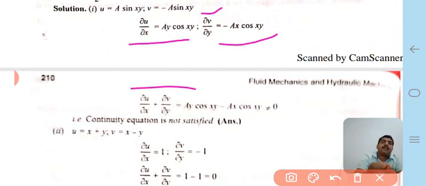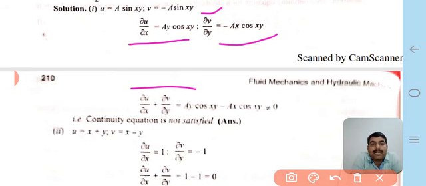Now we come to the second part of the question. Given the velocity component in the direction of x is u is equal to x plus y, and the velocity component along the y-axis is v is equal to x minus y. Now, the same way, differentiating both velocity components with respect to x and with respect to y, because u is the velocity component along the x-axis and v is the velocity component along the y-axis.